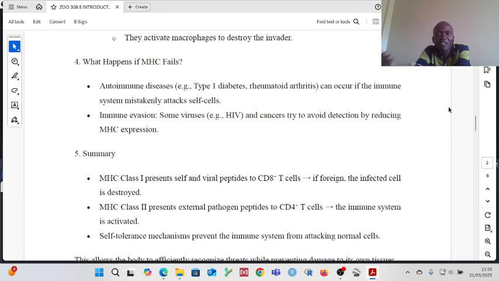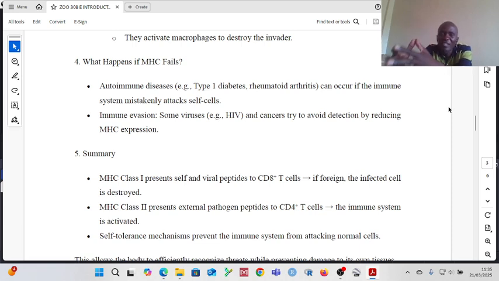So it is difficult to know whom to mark and whom not to mark. So if the MHC fails, you begin having the autoimmune diseases. So they occur when the immune system now mistakenly begins to attack the cells that belong to the individual body. Okay, so that's an autoimmune disease.